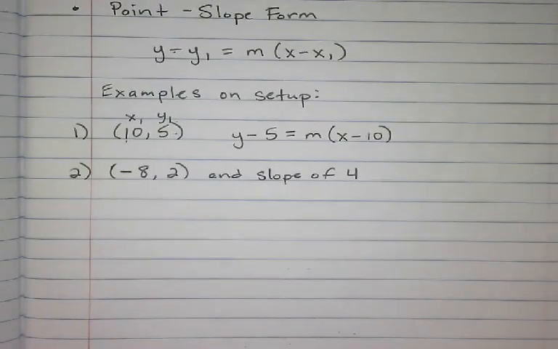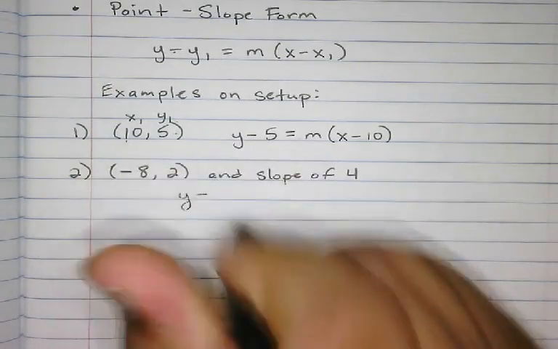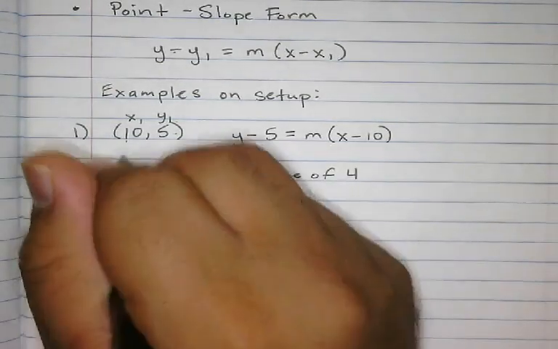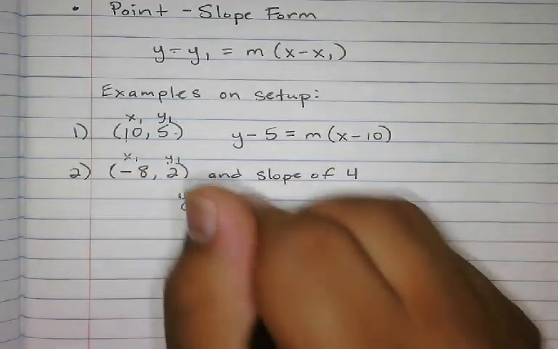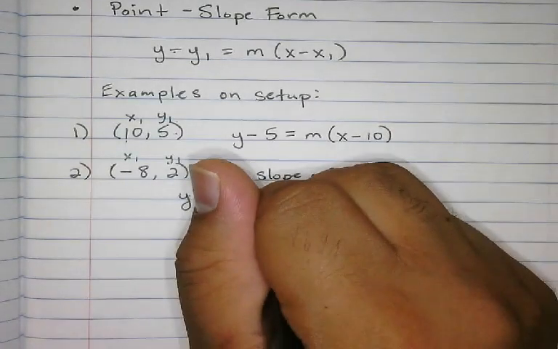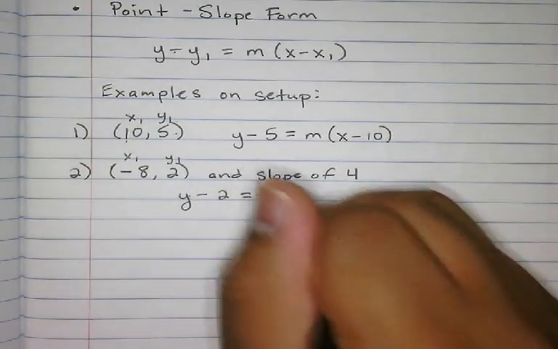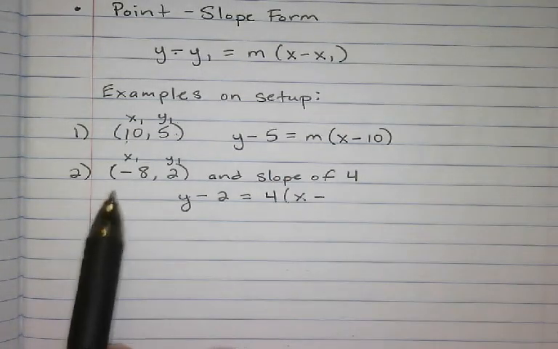Again, all we're doing is writing it out. So you have y minus y1. y1 is 2, so y minus 2 equals, what do we have for our slope? 4 times x minus x1.